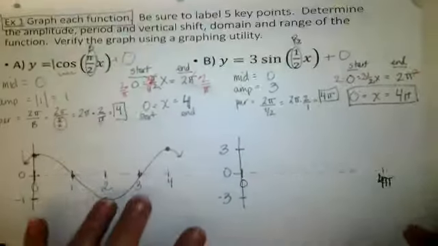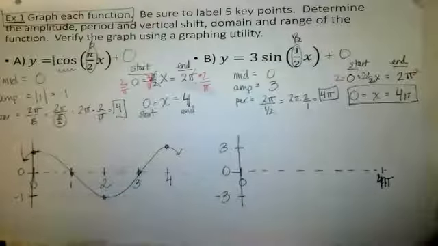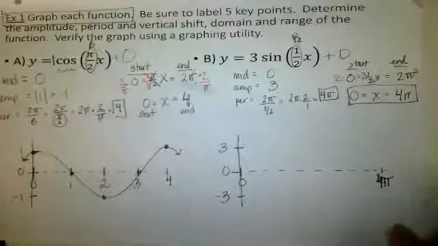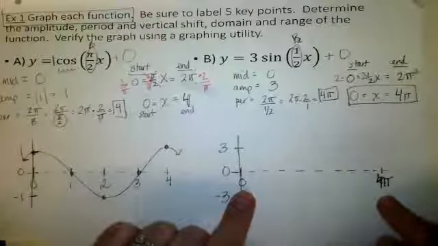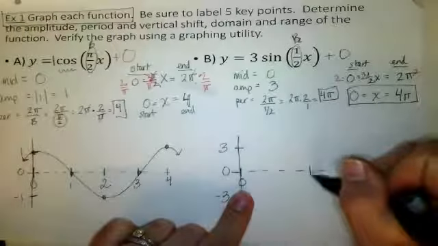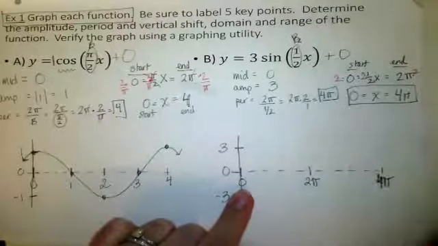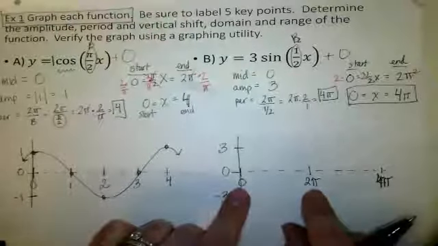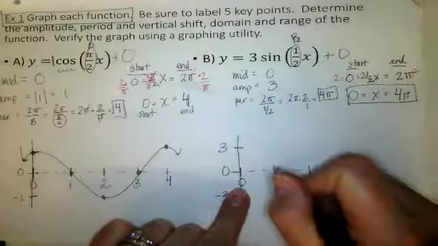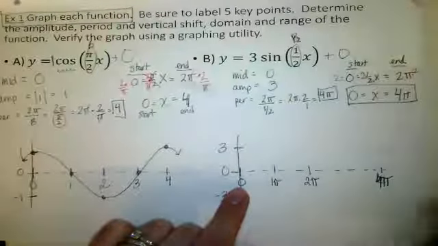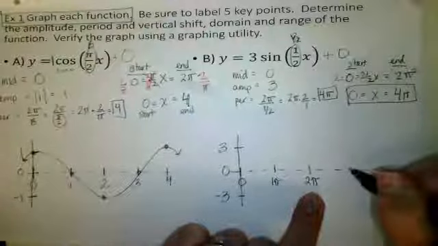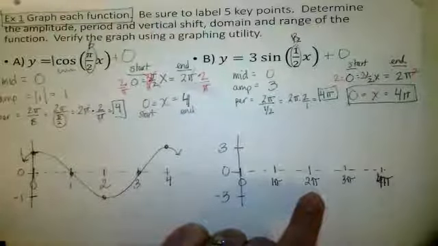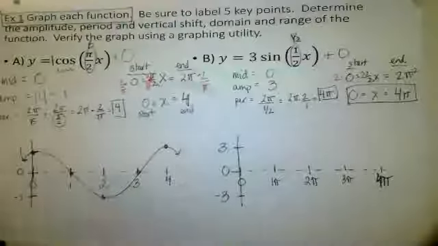I know it seems really obvious right now, but it's not always this easy. What's halfway between 0 and 4 pi? I'm saying it that way for a very particular reason, which will come to light in just a minute. What's halfway between 0 and 2 pi? 1 pi. What's halfway between 2 pi and 4 pi? 3 pi. All right. I promise there's a reason I'm doing that.